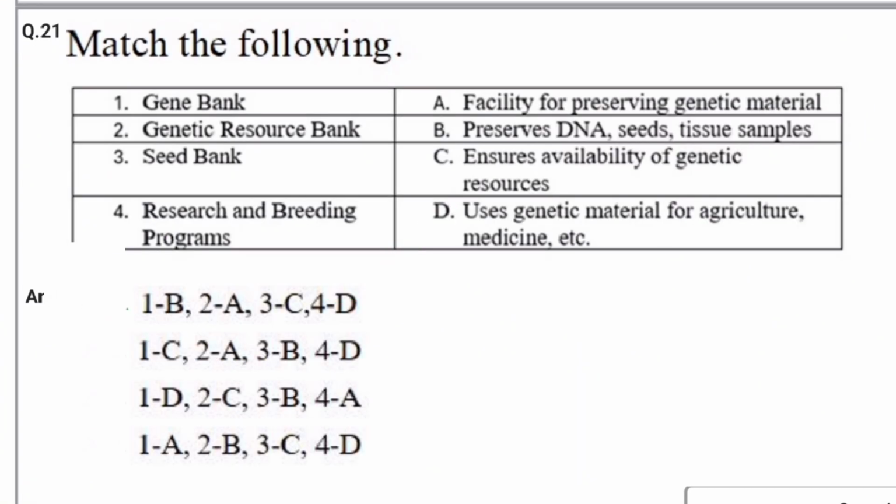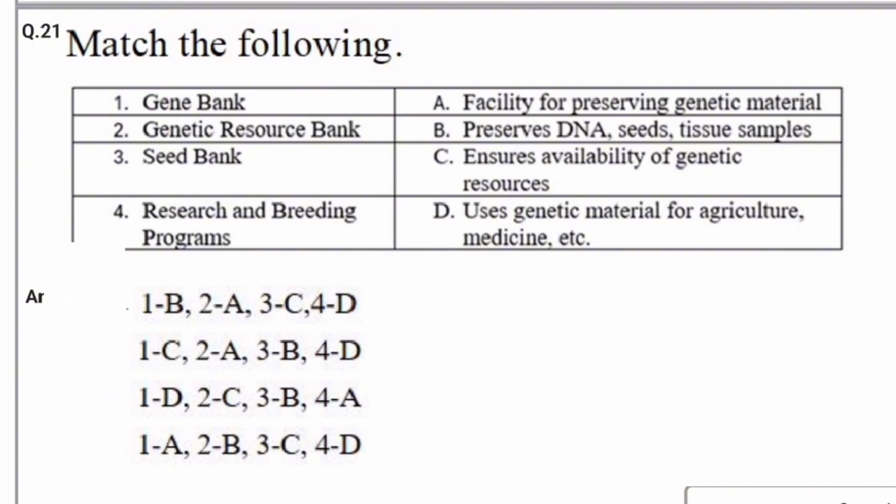So let's see the next question. This is also a matching type question. Here two lists are given. You have to match list 1 with list 2. List 1 consists of gene bank, genetic resource bank, seed bank, research and breeding programs. Gene bank is related to preserving DNA, seeds, tissue samples.